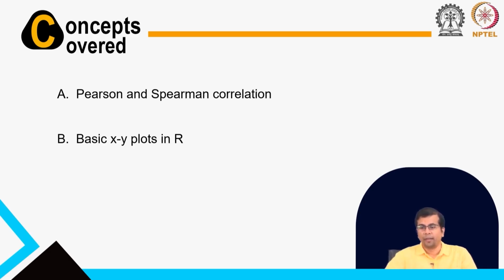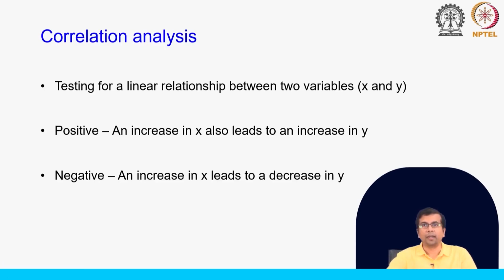What correlation analysis does is it is actually testing for a linear relationship between two variables x and y. Positive correlation would mean an increase in x will also lead to an increase in y. That is the positive correlation value, and negative correlation means an increase in x leads to a decrease in y.